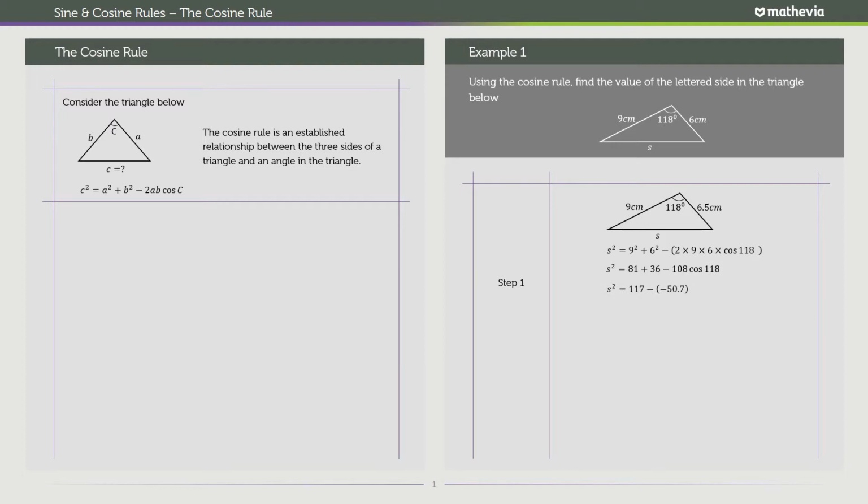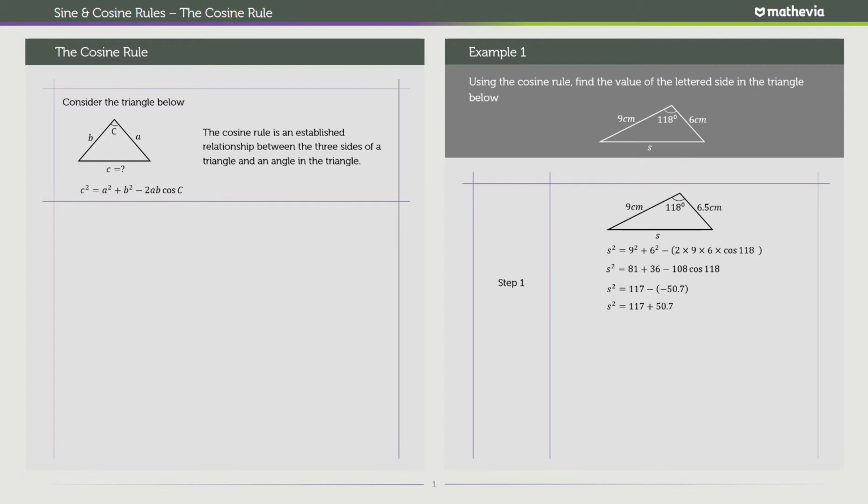Okay, and when you work that out, you have 81 plus 36 is 117. 108 cos 118 would actually give you a negative value. So you have minus 50.7, and the minus becomes plus.